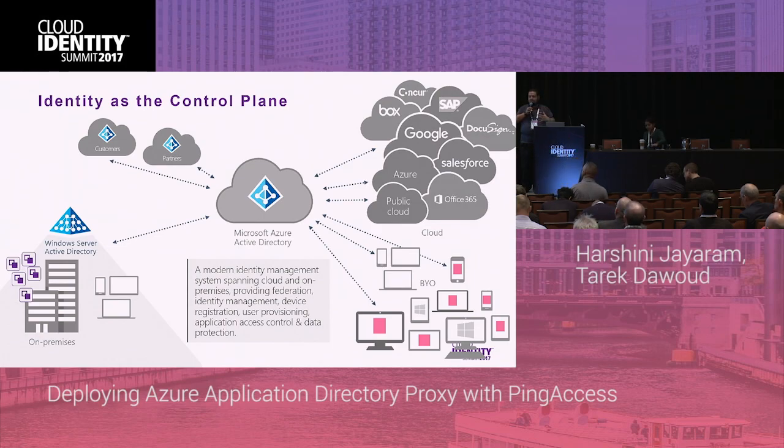It's all one central control plane where you can see the user, see what they're accessing, and control them in one place. That's what we're hoping and striving to get to, and what we're hoping you will use Azure Active Directory for.